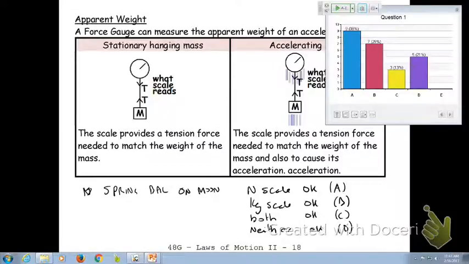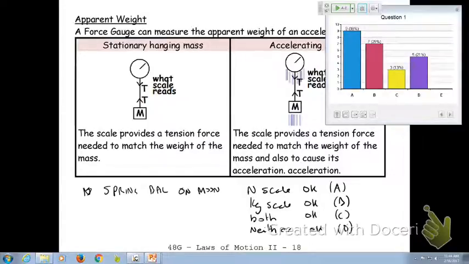So we've got to ask ourselves, how does the spring balance work? What happens physically? You have a spring, gravity pulls the object down, and what happens to the spring? It stretches, doesn't it?